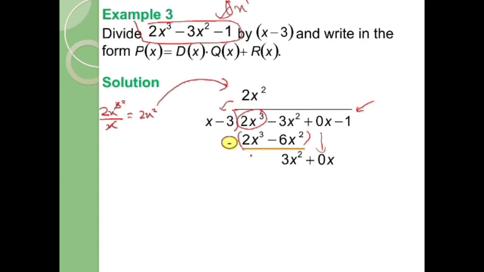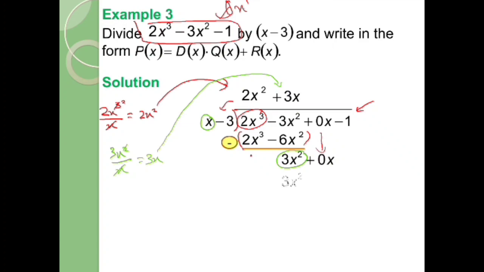Now, how to find the next term of the quotient? Take this number, 3x squared, and divide it with the highest degree term of the divisor. And the answer is 3x. So that's what you should write as your next term of quotient.